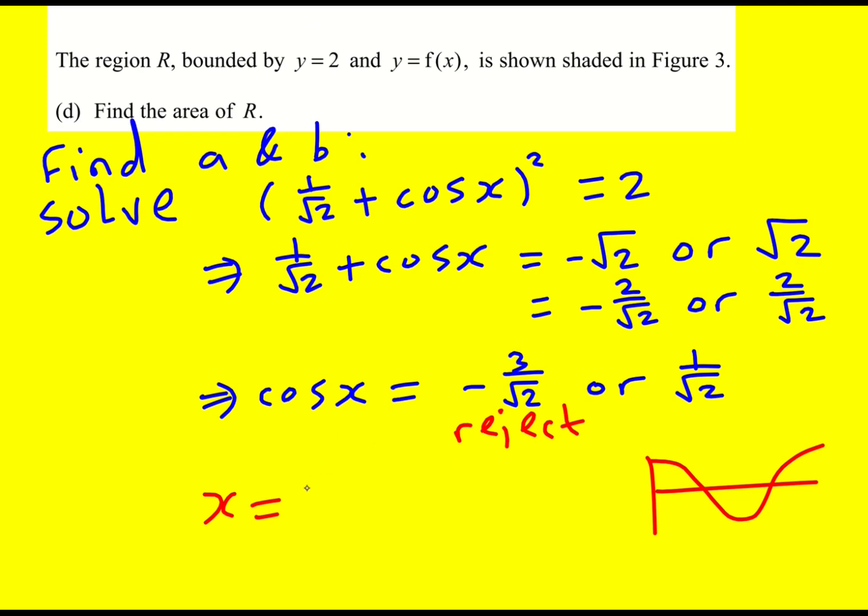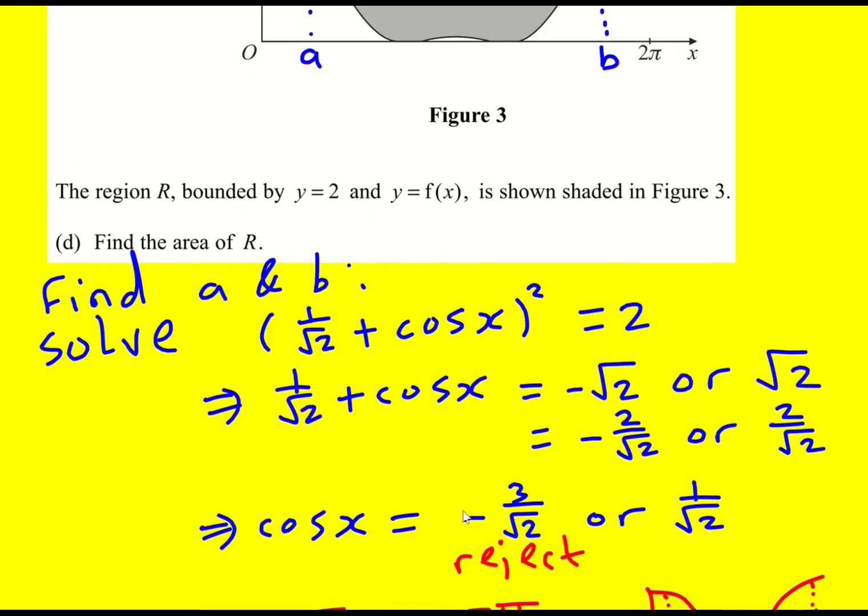X is going to be pi over 4 as one solution, and the other one's going to be over here, so it's going to be 7 pi over 4. I can add these on now.